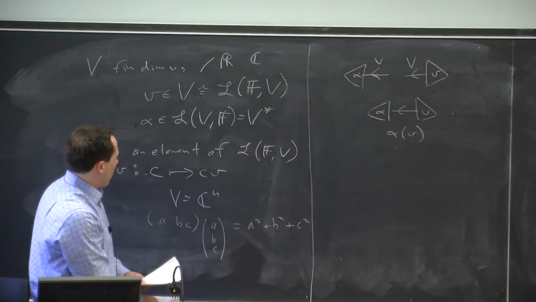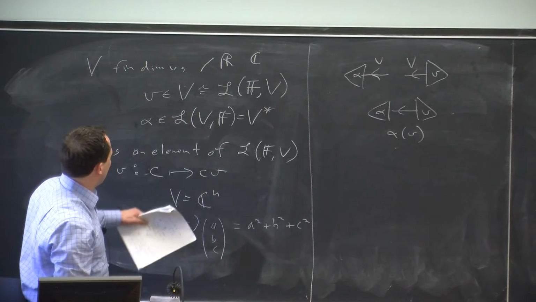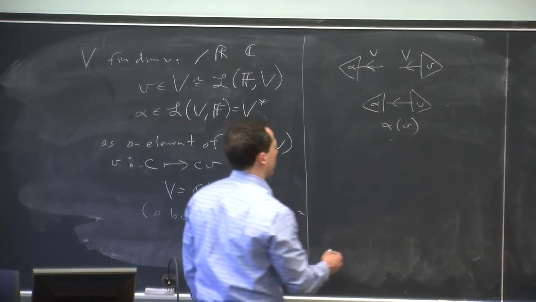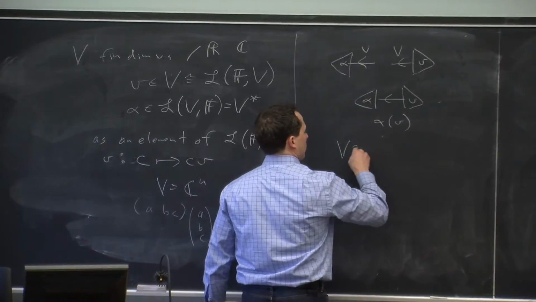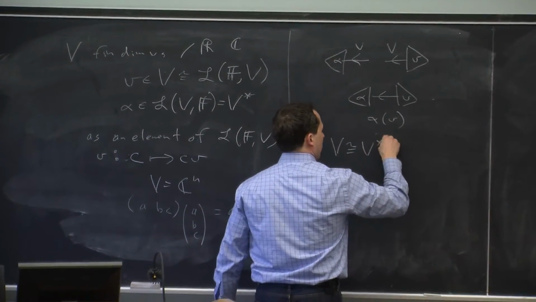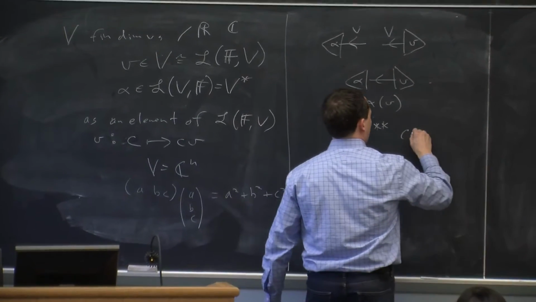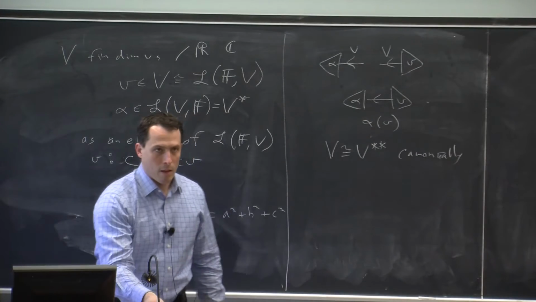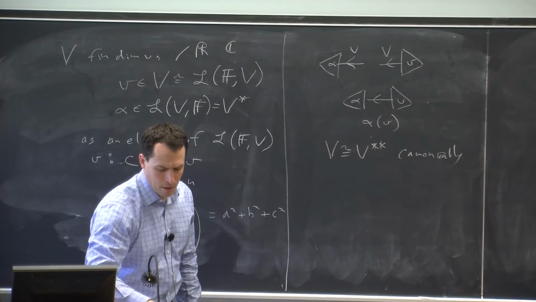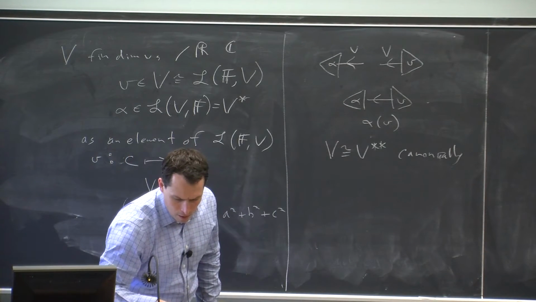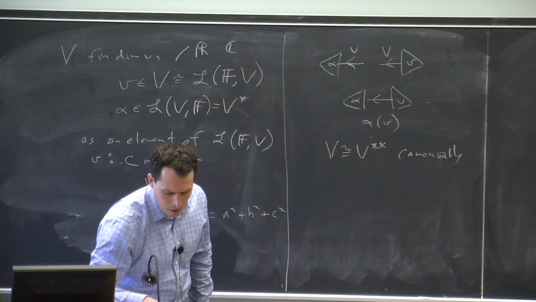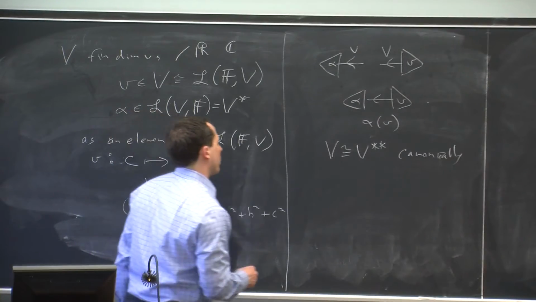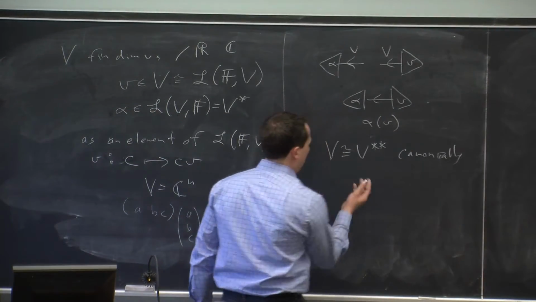So we talked about how, for this reason, V is isomorphic to its double dual, canonically. That is, V is isomorphic to V star star, canonically. Canonically meaning that there's only one possible choice.